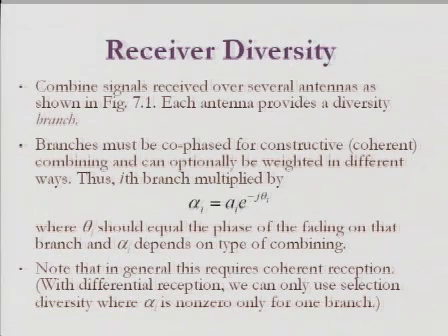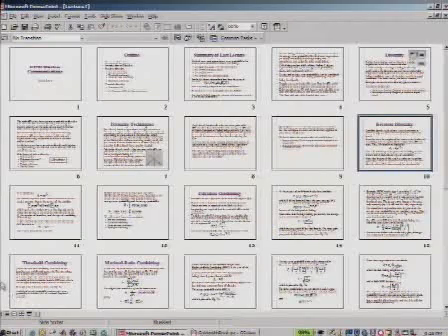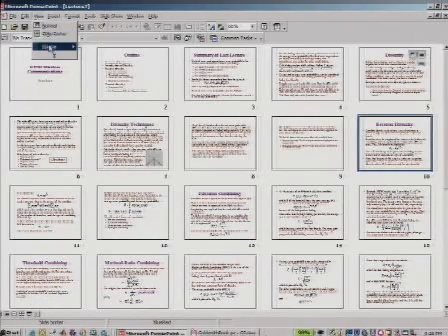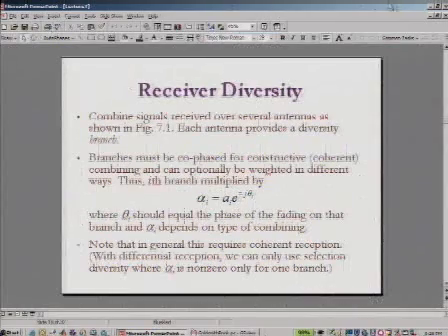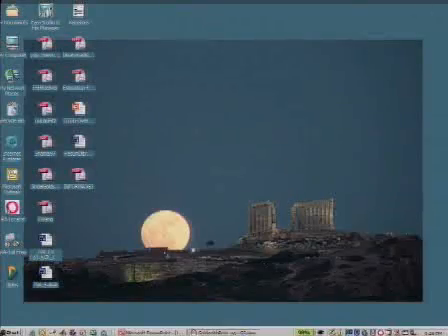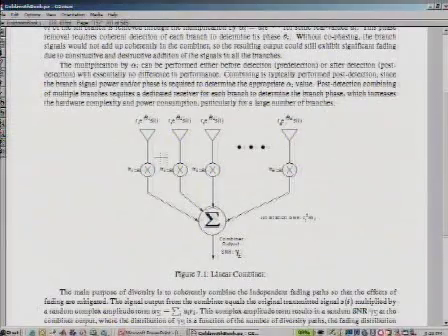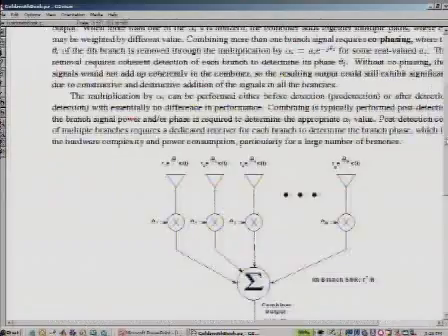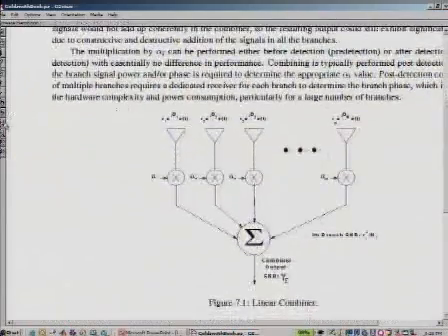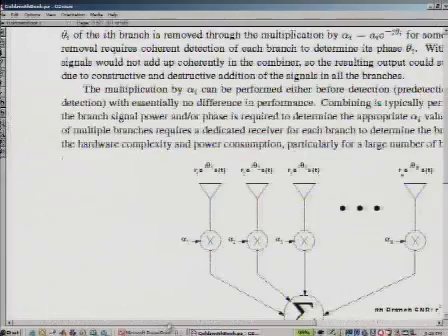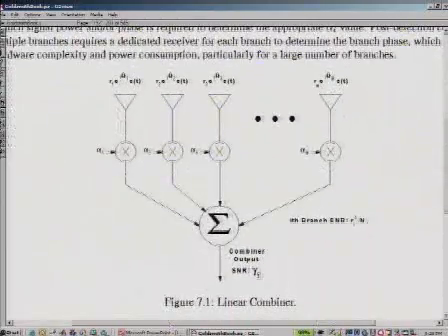So the idea is to use a combiner, such as the one we have in figure 7.1. Okay.